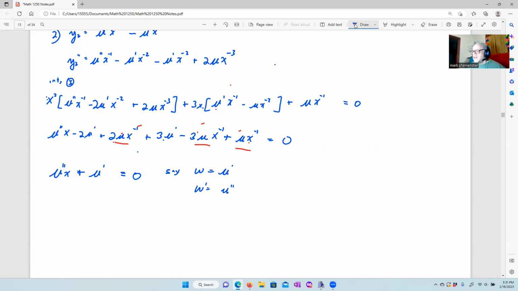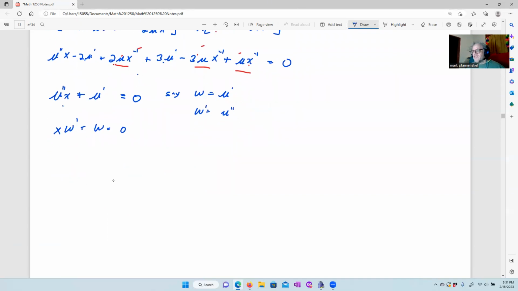Okay, so notice we have u double tick here. So we have x, keep that x there. u double tick is now w tick, plus what's u tick? It's just w, equals 0. Now, would you look at that? That looks like a first order linear DE to me.